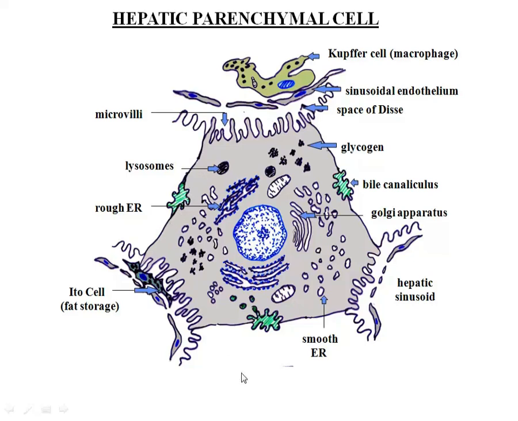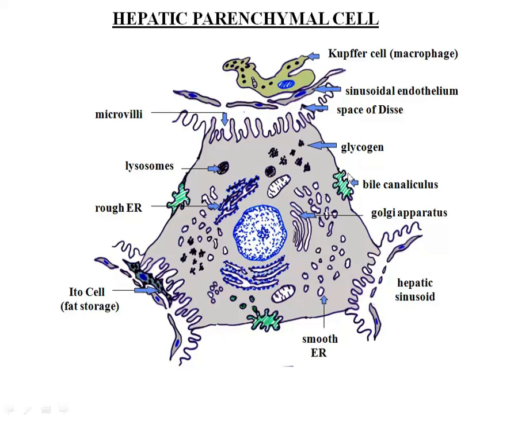And if that hepatocyte has a connection with another hepatocyte, then that surface is called the intercellular surface. Here they have not shown any attachment of another hepatocyte. So if it is attached to another hepatocyte, then it is an intercellular surface.